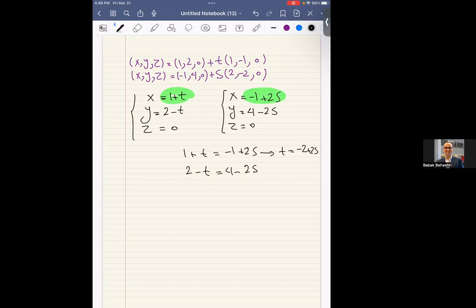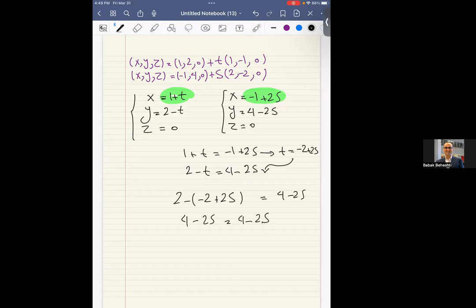Let's plug this into the second equation. If you plug this in, you get 2 minus (-2 plus 2s) is equal to 4 minus 2s. What you get is 4 minus 2s equal to 4 minus 2s.